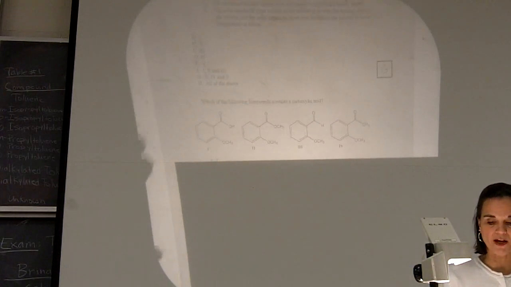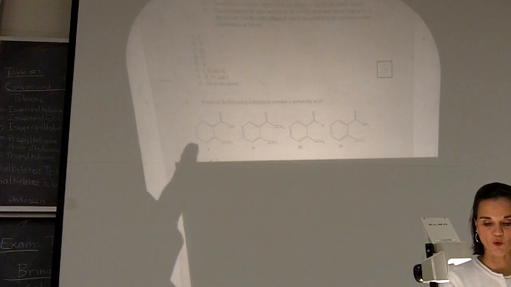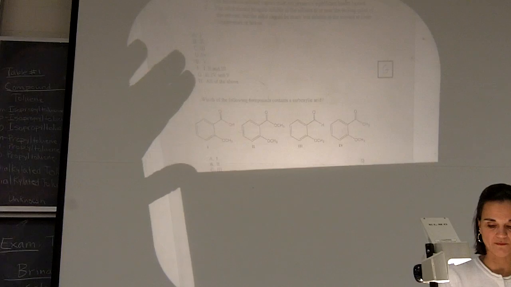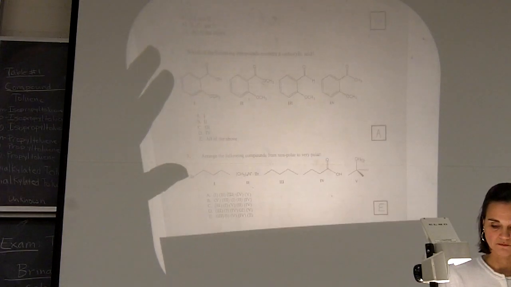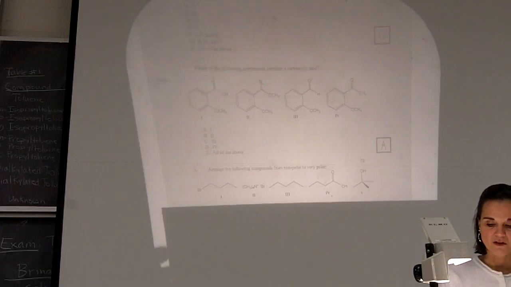Which of the following compounds contain a carboxylic acid? Number 1, right? Because there we've got ether, ester. Here we've got an aldehyde, ether, another ether, and then ketone there. So number 1. Whoops. Arrange the following compounds from nonpolar to very polar.